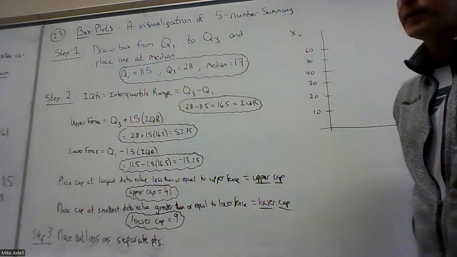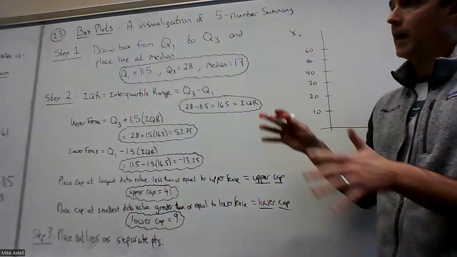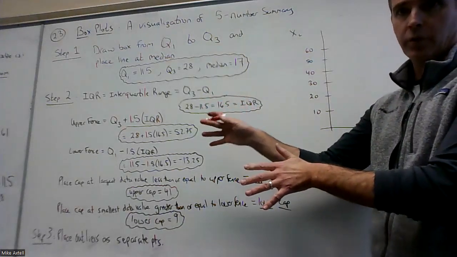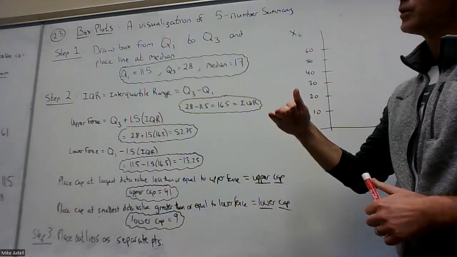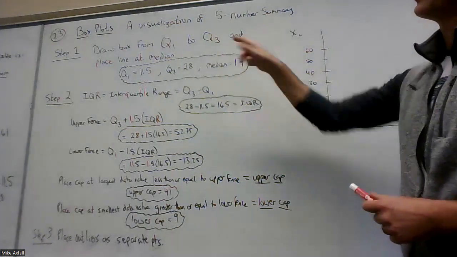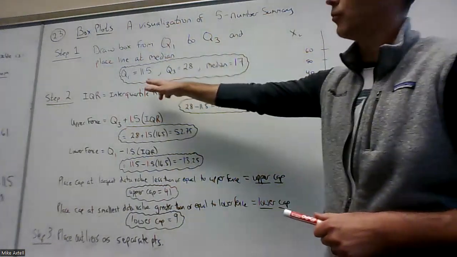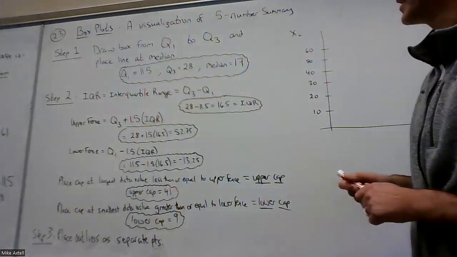Okay, so the box plot is a visualization of the 5-number summary. And I've got my 5-number summary from before, that last example. So I'm going to draw a box from the first quartile to the third quartile, so Q1 to Q3, and I'm going to place a line at the median. Here, I'll remind you that my Q1 was 11.5, my Q3 was 28, my median was 17.